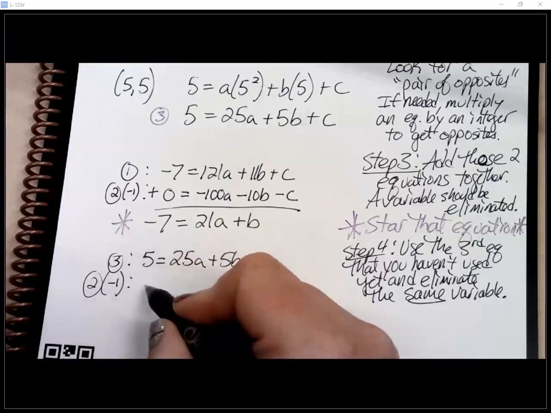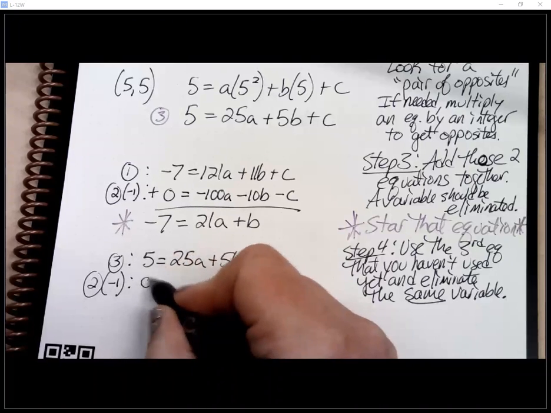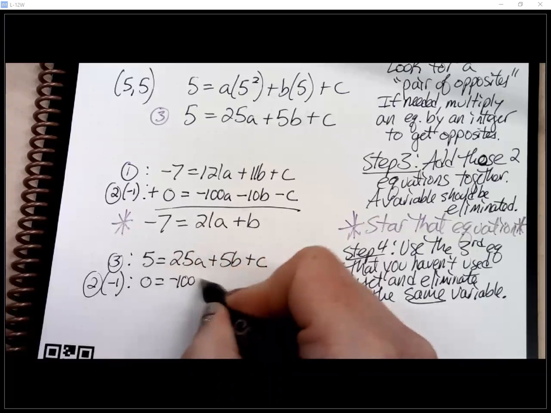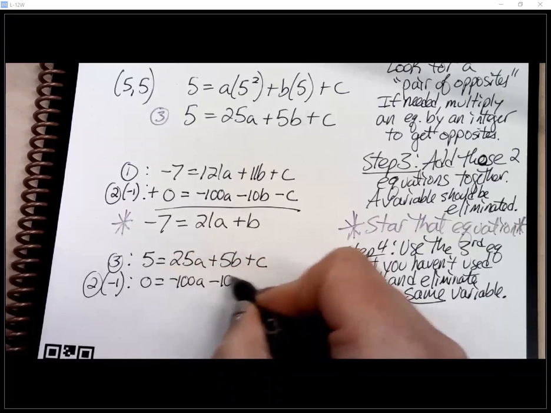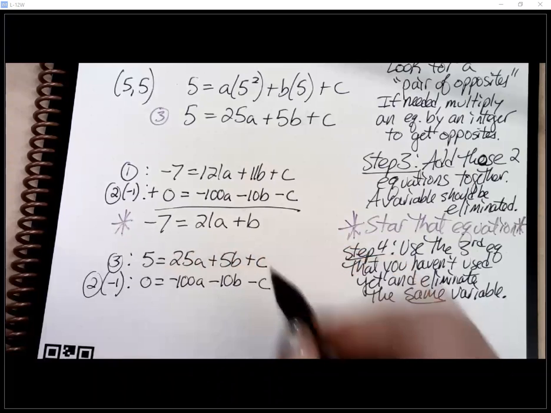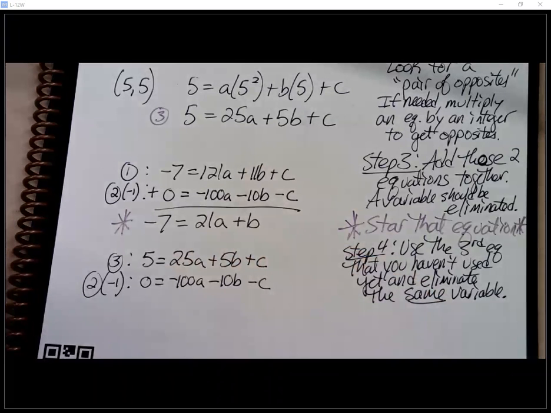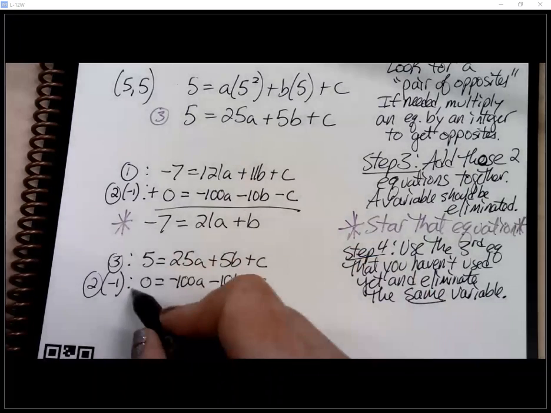So I'm going to do the second one times the -1. So that's going to be 0, -100A minus 10B minus C. And now, as you can imagine, I'm going to add these two equations together.